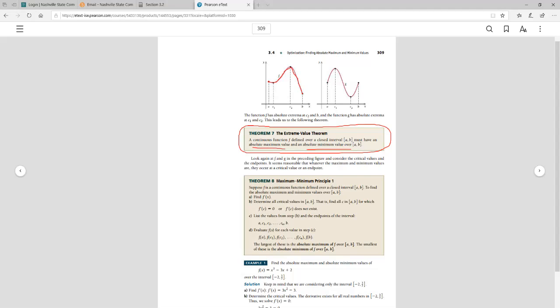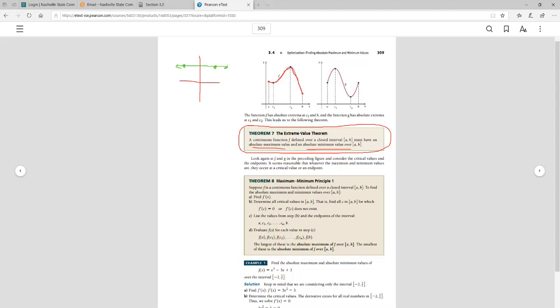Now, you may be wondering, what about a horizontal line that's closed on an interval? Well, if you have a horizontal line, let's say you have a line here. I'll try to make this as horizontal as possible. And let's say you have a closed interval from here to here.